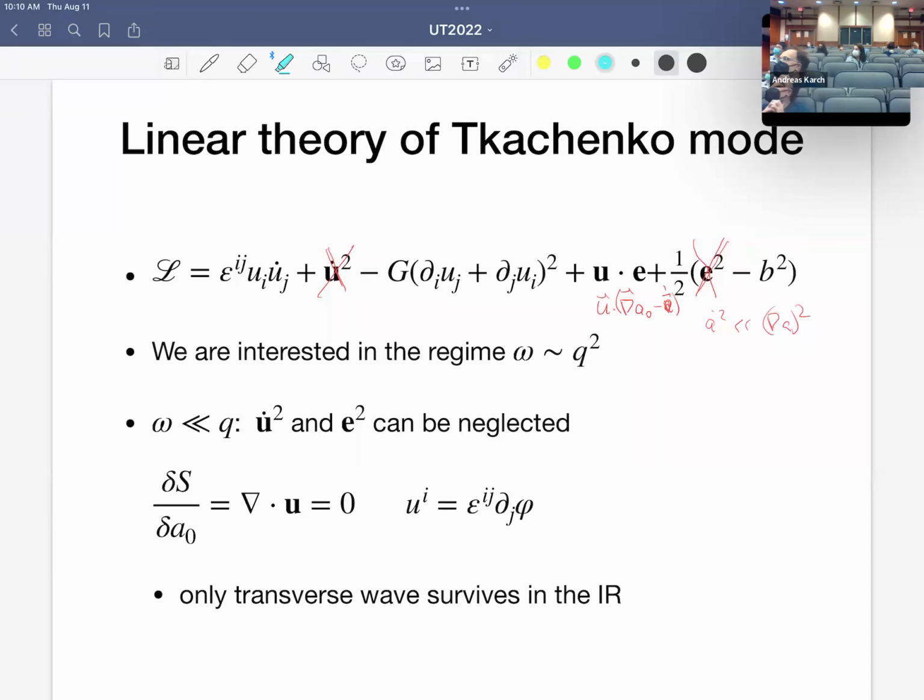I made a couple of statements, I didn't ask you a question. The question is, is phi compact? I think it should be compact. Well, the question was whether phi is a compact scalar field like a superfluid phase. I think it should be, as I'm going to show here.